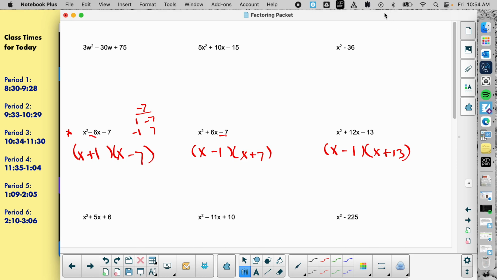Okay, we're going to go at the top of the page. x squared minus 36. Okay, so there's no number on the x squared, so we can technically do this the fast way. But this one definitely is different than the others. Why is this one different? It doesn't have the middle number.